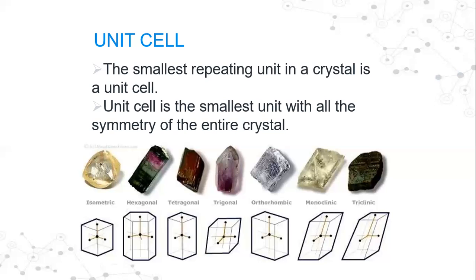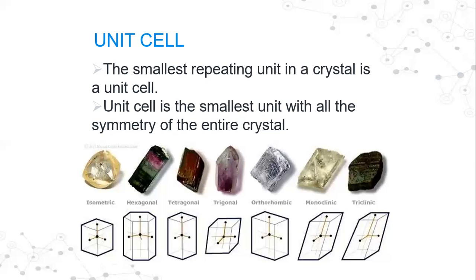Next, trigonal. The inclined form of the cube is known as the trigonal shape. Next one is the orthorhombic. This is also in the form of a cuboid, but all the faces are rectangular except two sides. That is the shape of orthorhombic.